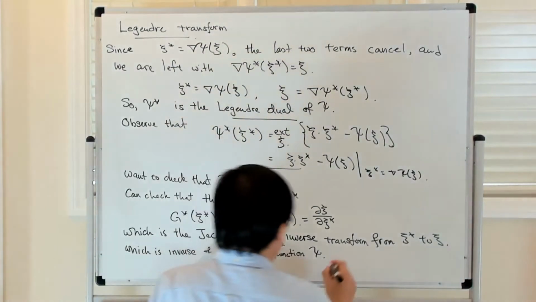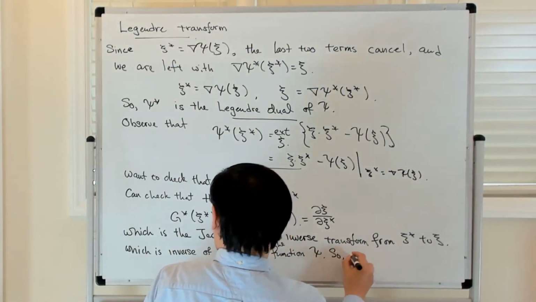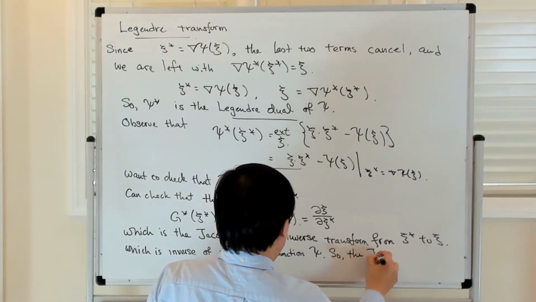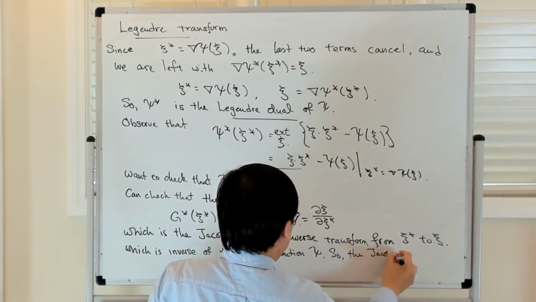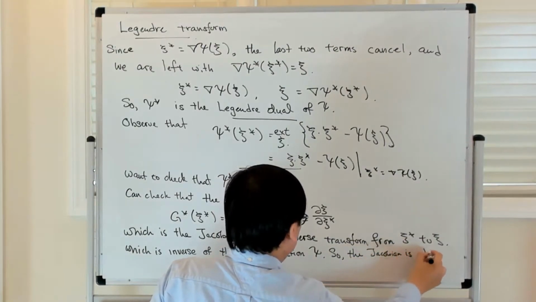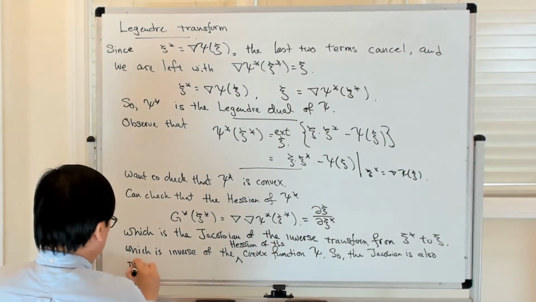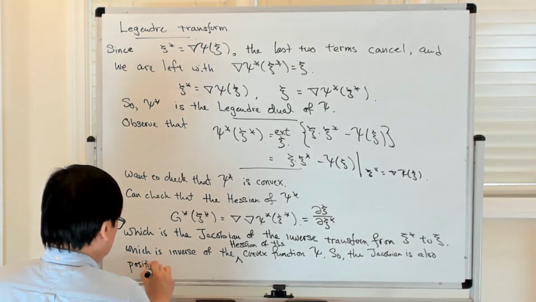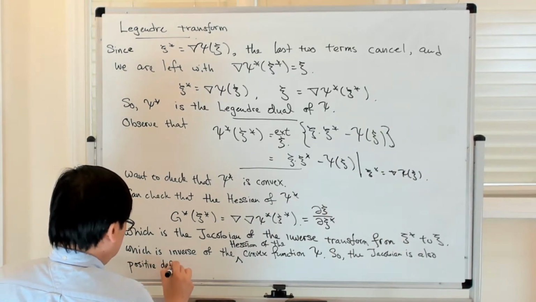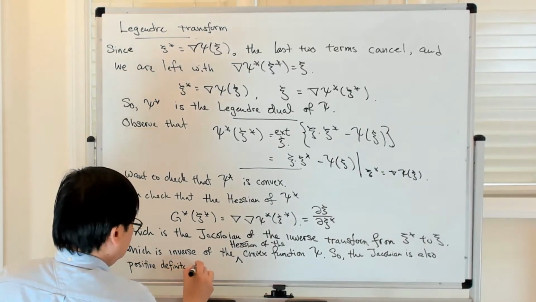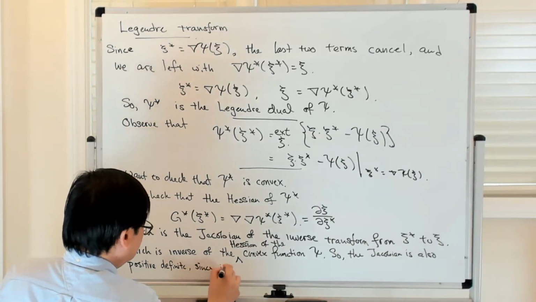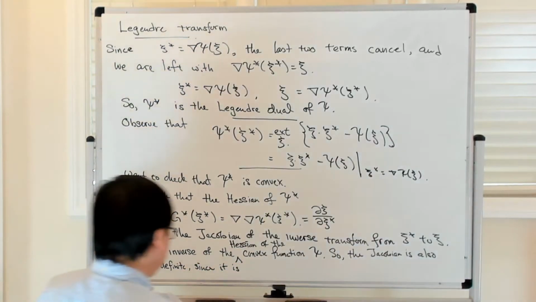So the Jacobian is also positive definite, since it is the inverse of a positive definite matrix.